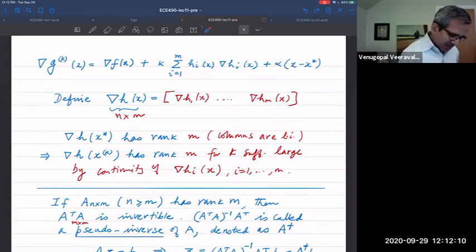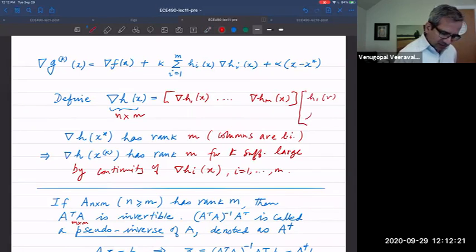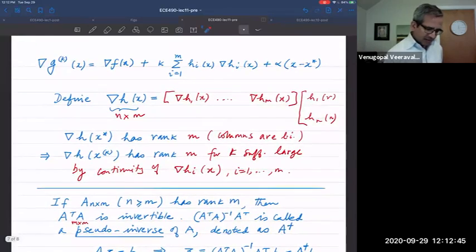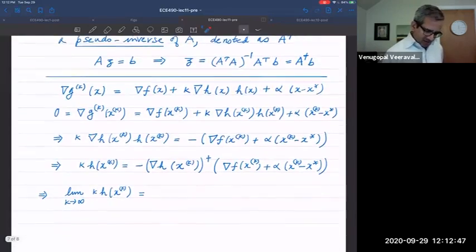If I multiply this matrix times h, which is h1 through hm, I'll basically get this linear combination. So grad h is this n by n matrix times this vector h. That's what I've substituted here. So that gives me that linear combination. I should have mentioned that step.